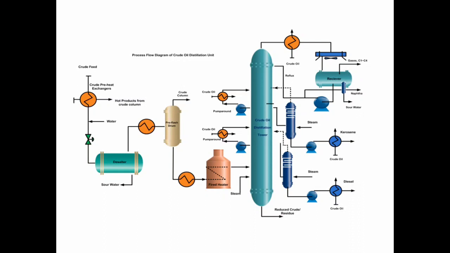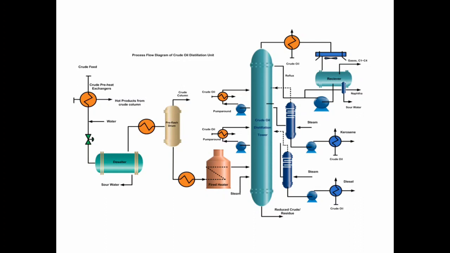And also there is medium crude oil and low crude oil. When the density is more, it is heavy, and when the density is less than heavy crude oil, that is medium crude oil. And lesser than that is called low crude oil. So basically, depending on the density, these crude oils are divided into different types.